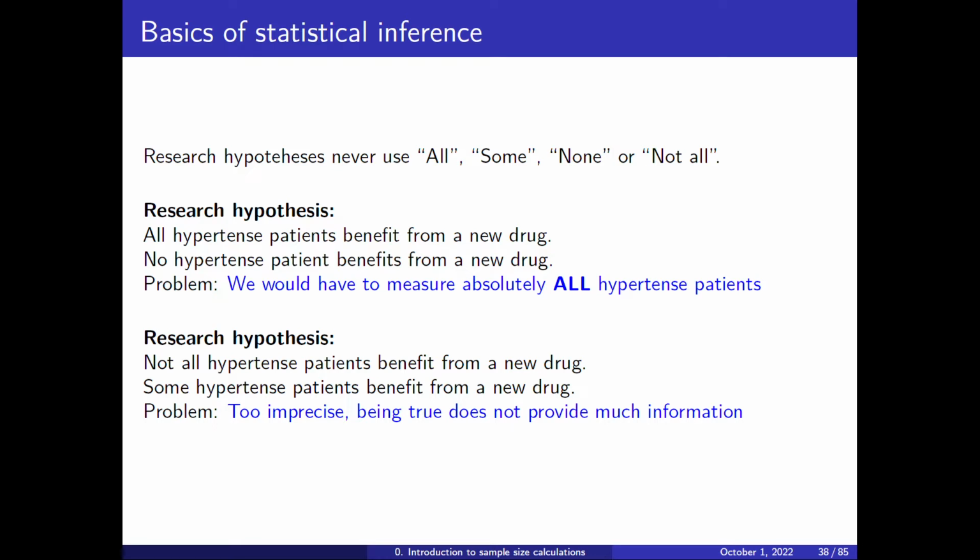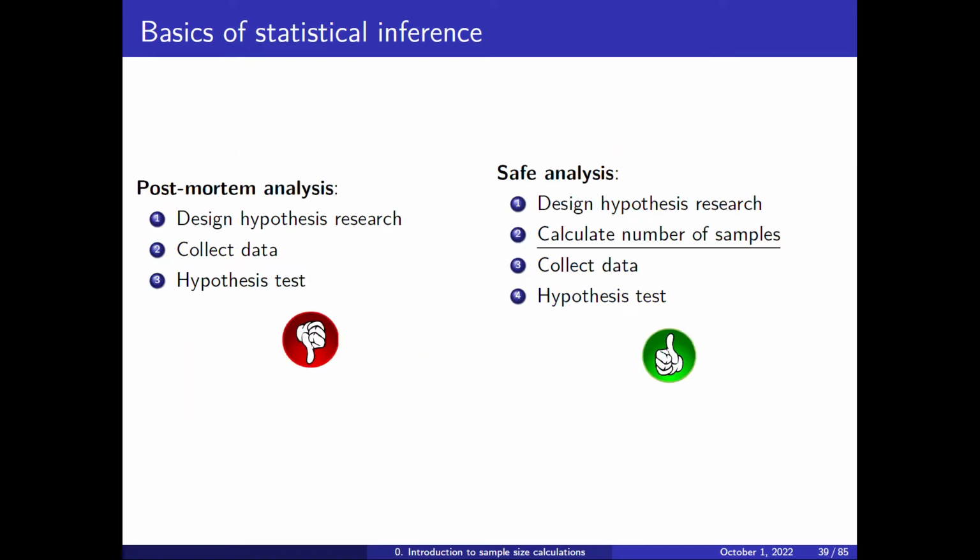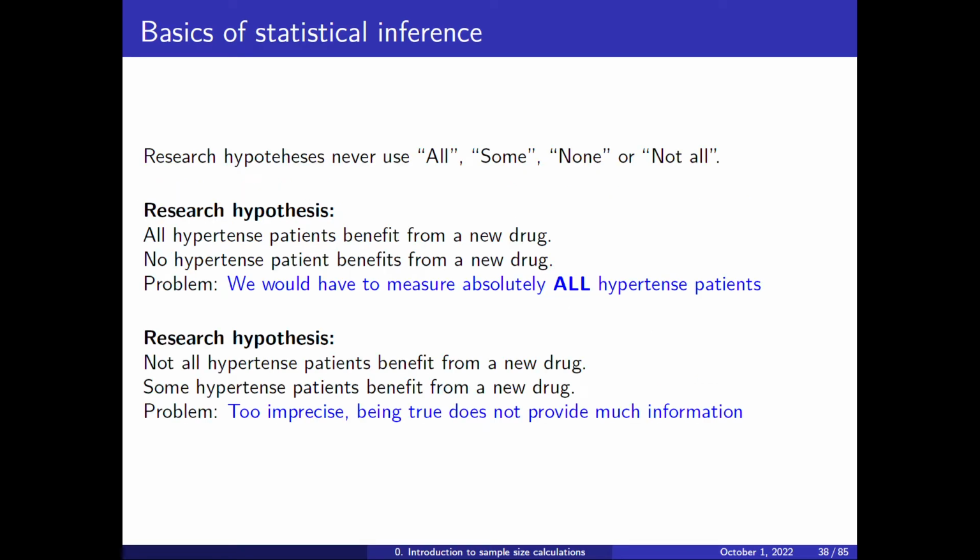You need to define what is the effect of the drug that you are analyzing. And how many would be in terms of proportion, so you can do it with proportions.